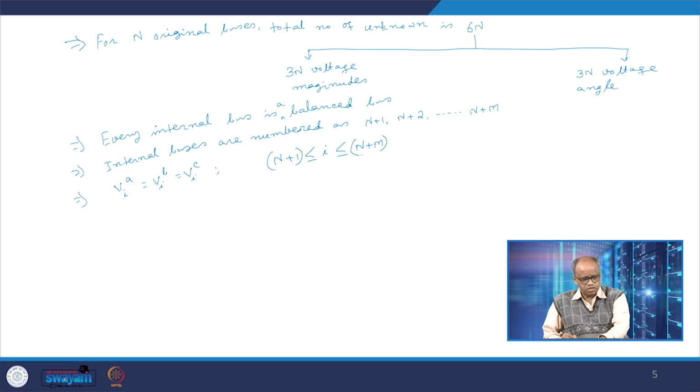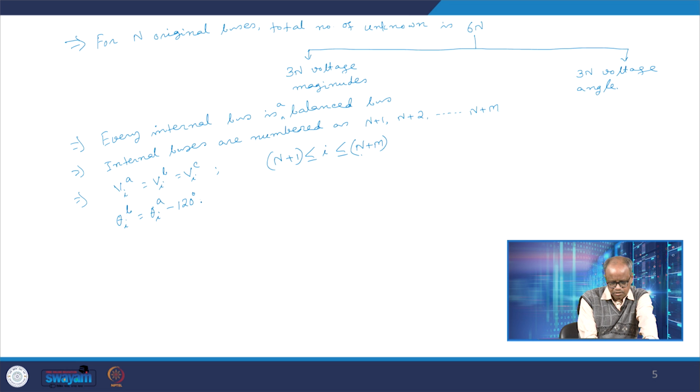For every internal bus numbered from n plus 1 to n plus m, the voltage magnitudes are equal because these correspond to balanced buses, and theta IB would be taken as theta IA minus 120 degrees, and theta IC would be taken as theta IA plus 120 degrees.